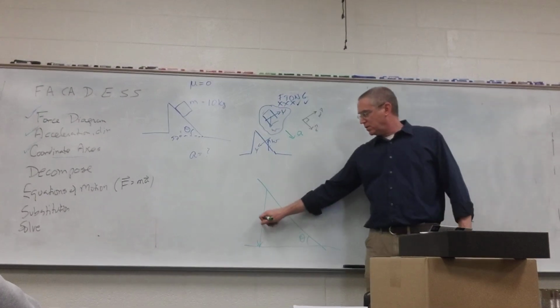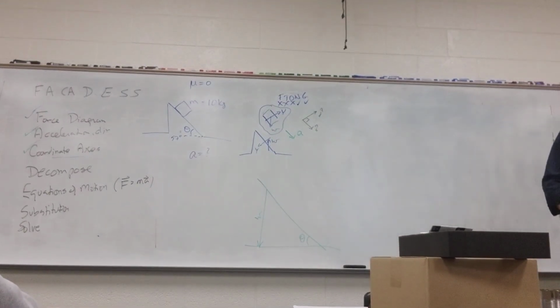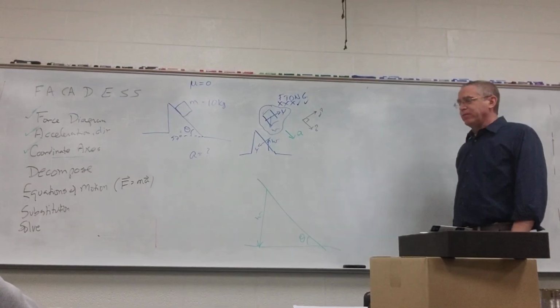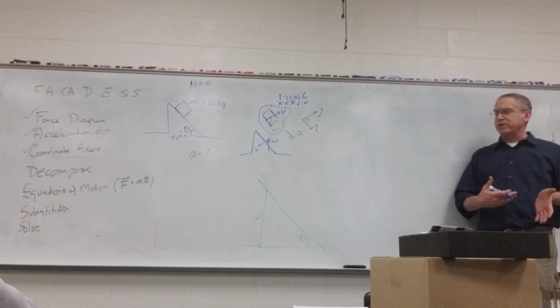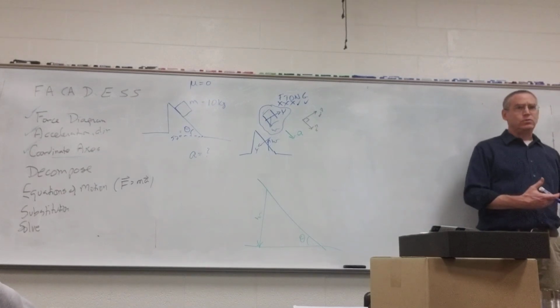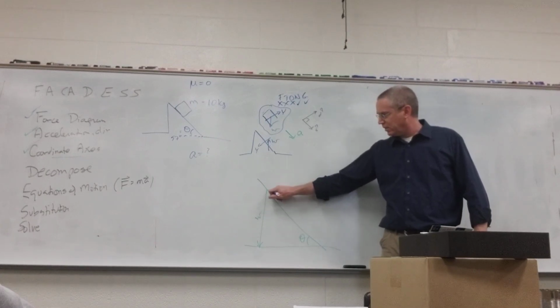What I'm trying to break up is my hypotenuse. And I'm going to make a right triangle. The two smaller sides of the right triangle are both parallel to my coordinate system. Parallel or anti-parallel.